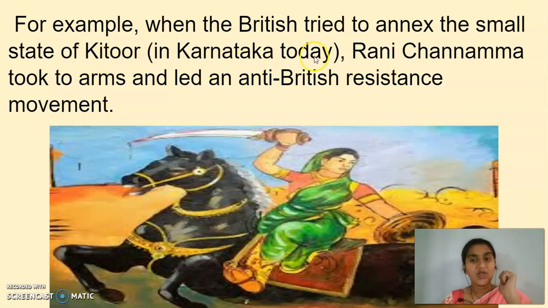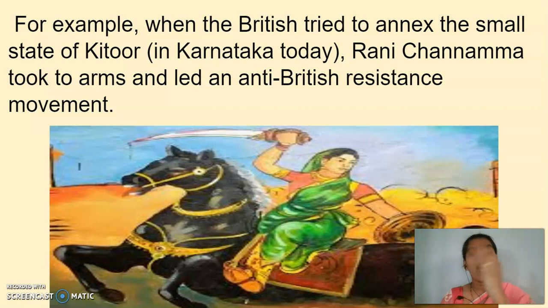It's in Karnataka today. So when the British people tried to take control over this Kittur, Rani Channamma took the initiative and she fought against the British people. Okay, guys, remember this lady, Rani Channamma.